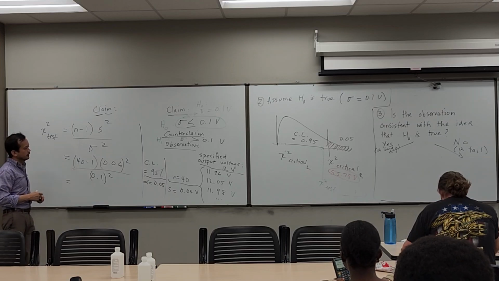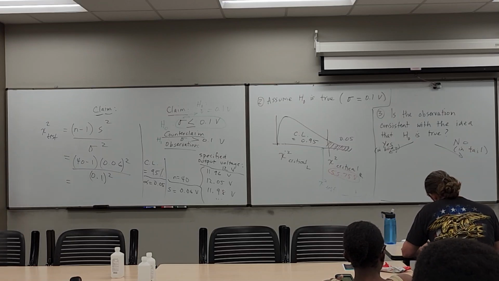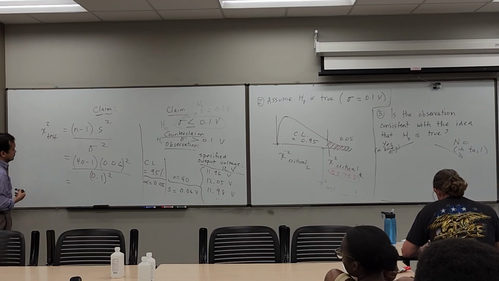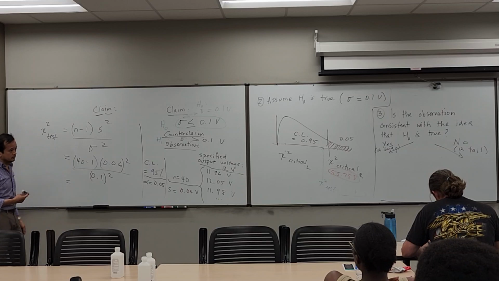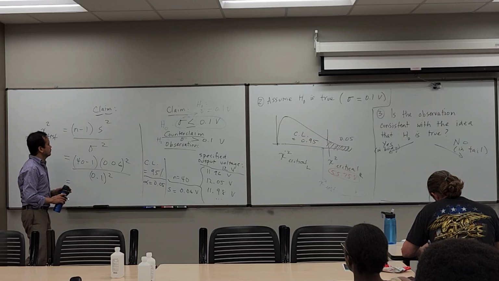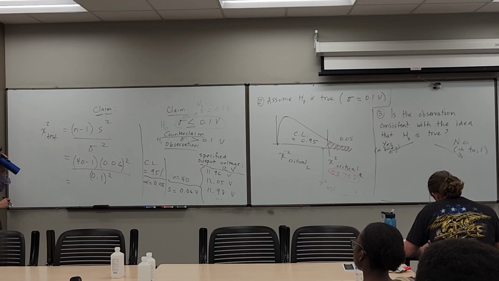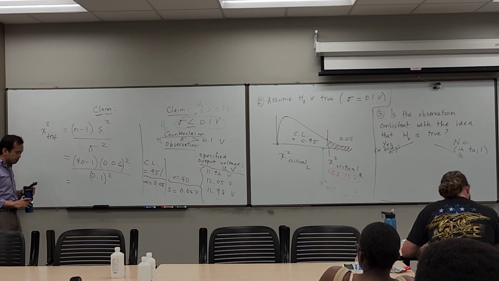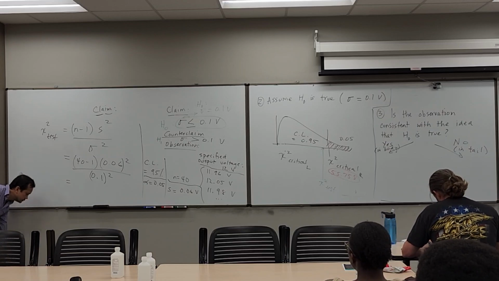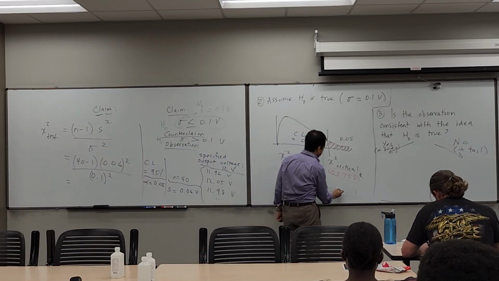So go ahead and punch that in. 14.04, so chi-square test is 14.04.